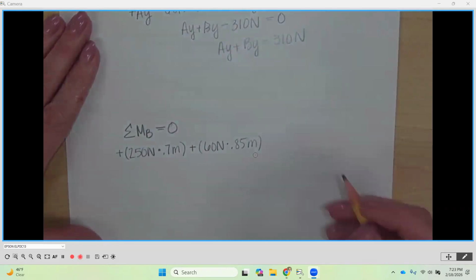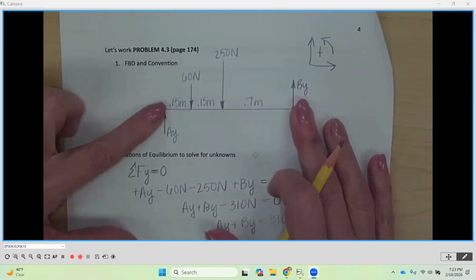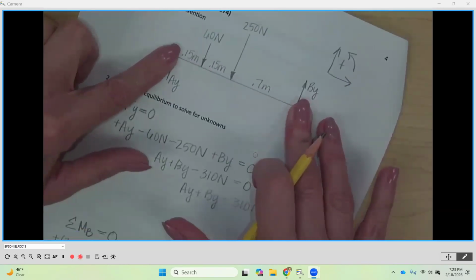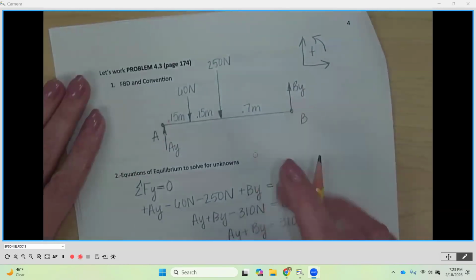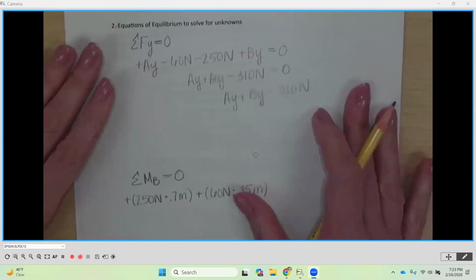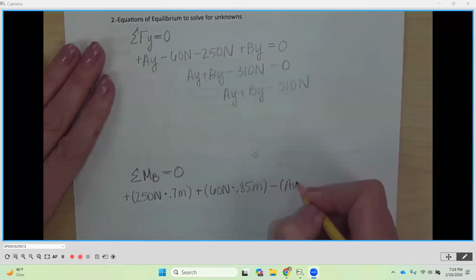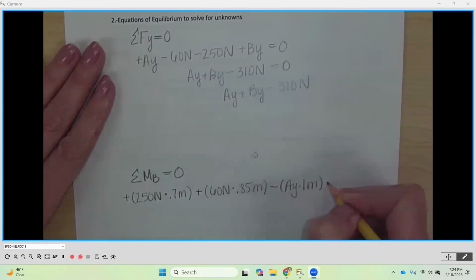And then my last force, which is my unknown, is going to be AY. It's going to go clockwise, and AY looks like 1 meter away from B. So minus AY times 1 meter.